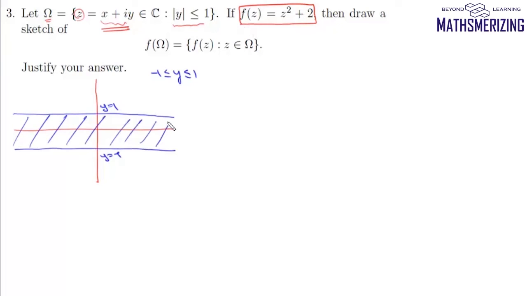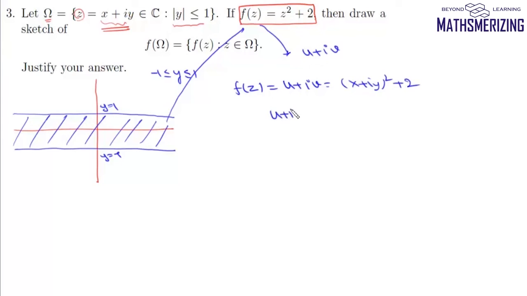Now we'll put the points from the domain in this function, then it will transform into an output space. Suppose u plus iota v. So we'll write this f(z) as u plus iota v, and it is z square. z is x plus iota y whole square plus 2. So we'll write this as u plus iota v, and it'll be x square minus y square plus 2xy iota.